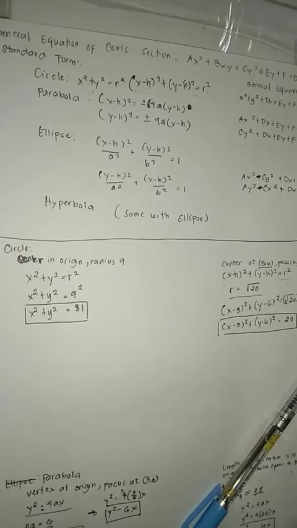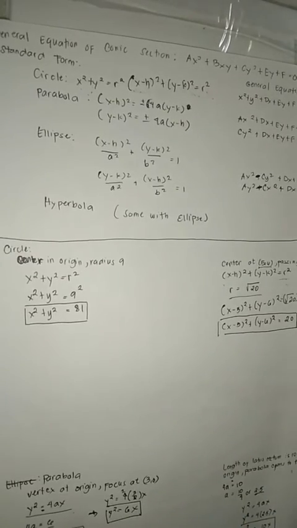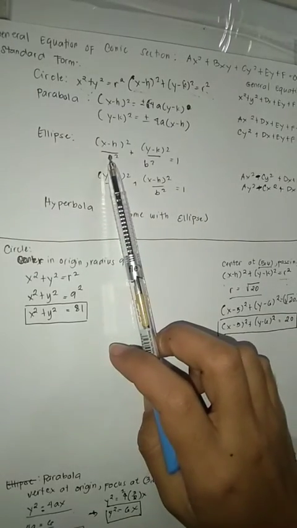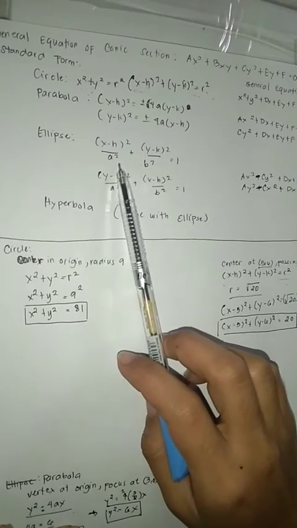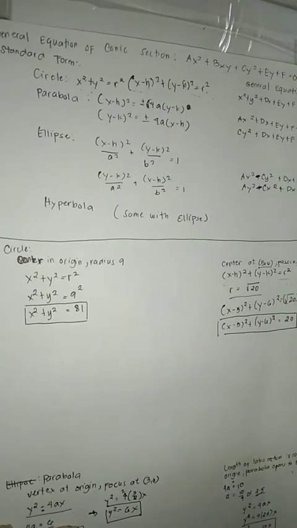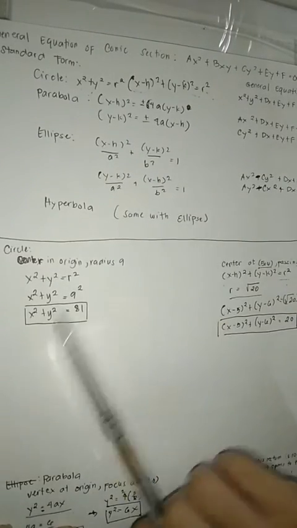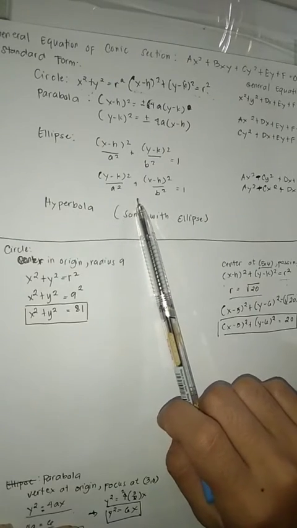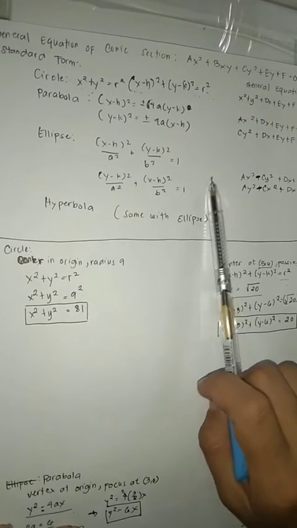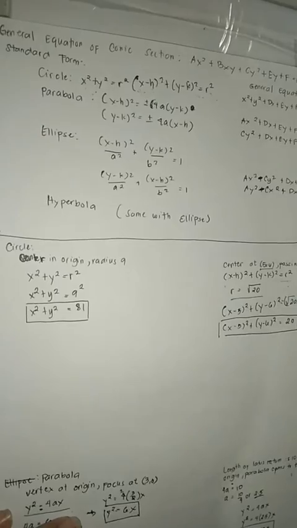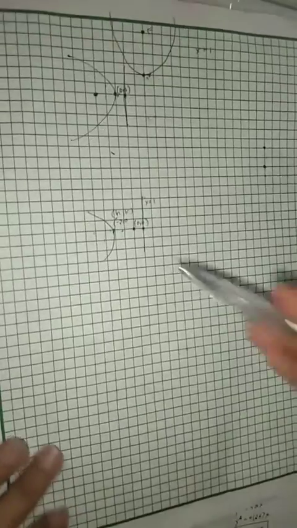Okay, let's go to ellipse. Let's proceed to the ellipse. It has a standard form, which is x minus h squared over a squared plus y minus k squared over b squared equal to 1, or y minus k squared over a squared plus x minus h squared over b squared equal to 1. Our ellipse looks like this.